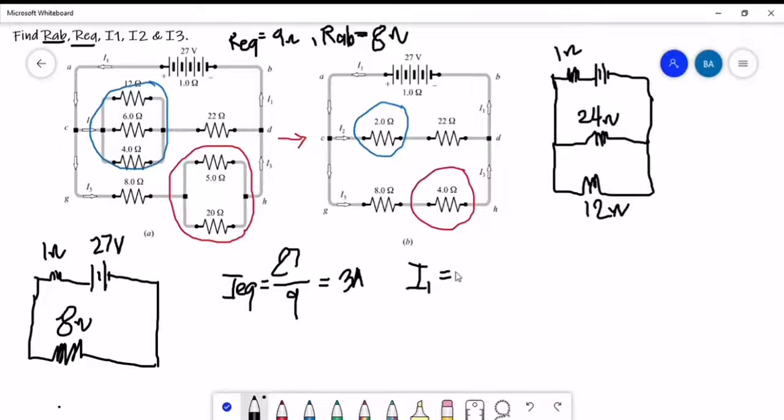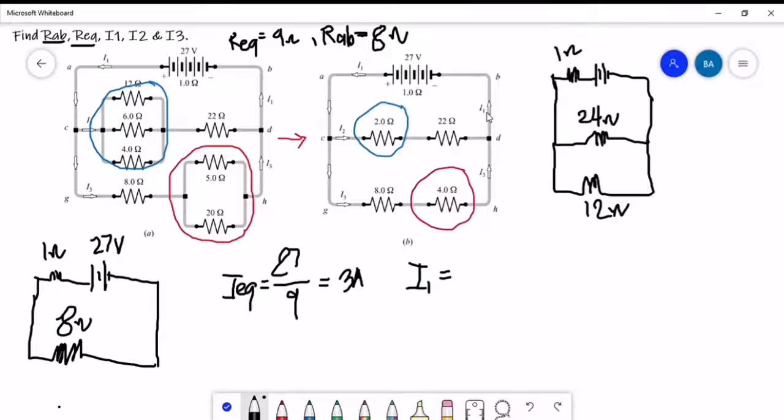We know that this is voltage divided by the resistance. As you can notice here, for I sub 1 we will be using the combined resistances of the 2 ohms and then 22 ohms, because the current I sub 1 will flow here and it will go back here.